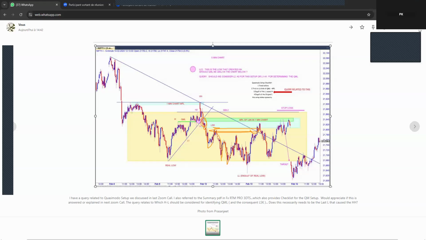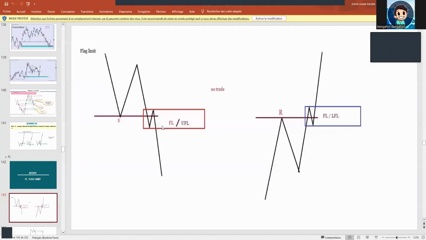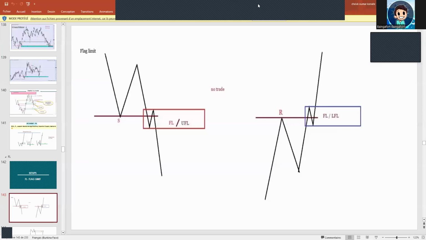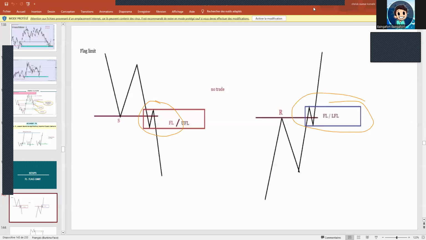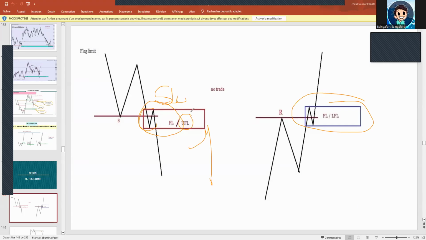Okay, let's continue with the lesson here. Let's see the flag limit setup. This one is a flag limit. Can we trade with this kind of flag limit? Yes or no? This one is a flag that looks like supply, because it can hold the price down, so some people will call it a short flag limit.